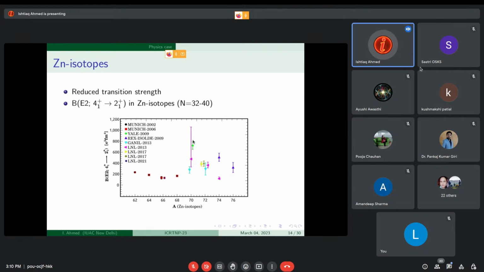Particularly for 70 zinc, what you see here is that there is a huge difference between the values from the different laboratories, and there is also a big error in this LNL 2013 measurement. So that was also a very good case to study what exactly is the reduced transition strength for this nucleus.